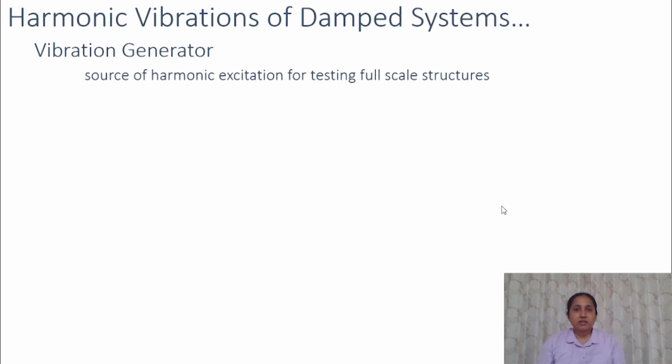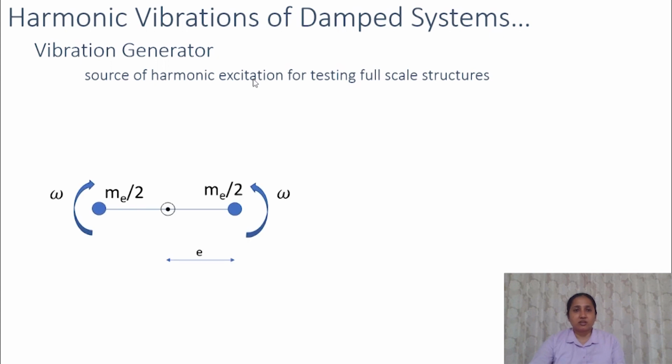To understand the dynamic properties of structures, we often test full-scale structures using some harmonic excitation. To do that, we need to generate harmonic forces, and now we will explore the working of a basic vibration generator.